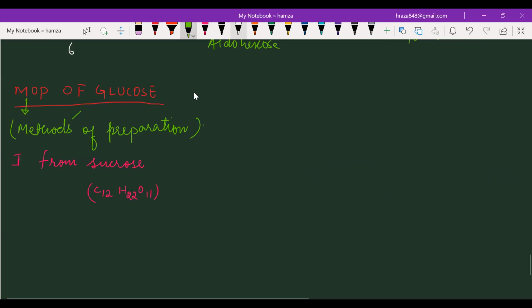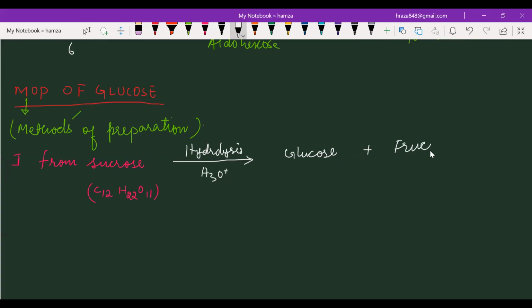Now, when you hydrolyze this sucrose, hydrolysis takes place with H3O positive. It will be converted or dissociated into two products. The first one is glucose and the second one is fructose. Glucose has the chemical formula C6H12O6, and fructose also has the chemical formula C6H12O6.